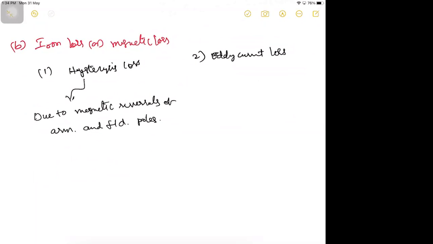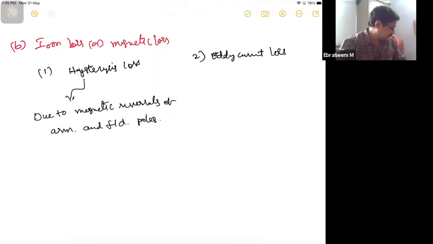The iron in the iron core gets magnetized, same as in a transformer. In a transformer, we have laminated cores, not to reduce hysteresis loss, but to reduce eddy current loss.